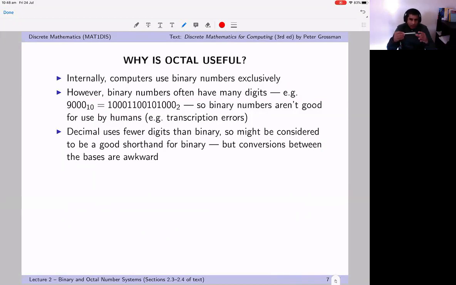But conversion between these bases is awkward. If I want to convert between base B and C, there is a logarithmic difference, which is a nonlinear quantity. So the conversions are not that easy.